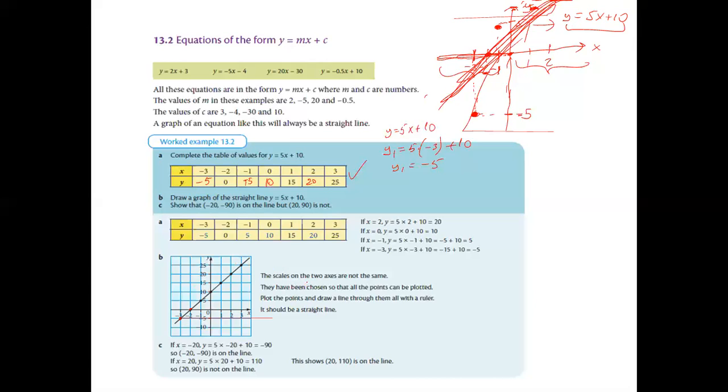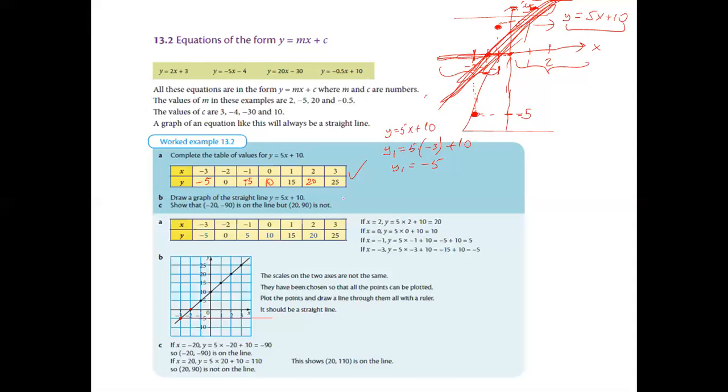The scales on the two axes are not the same, okay? They have been chosen so that all the points can be plotted. Plot the points and draw the line through them all with a ruler. It should be a straight line. Okay, if you use the ruler, it should be a straight line.